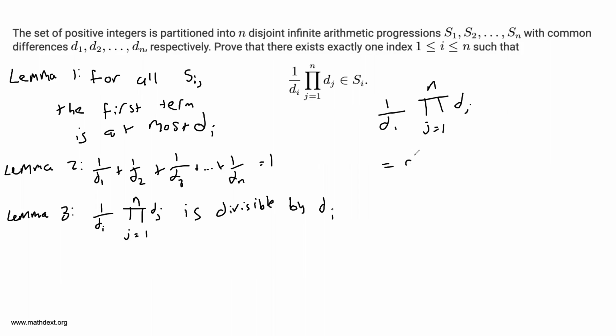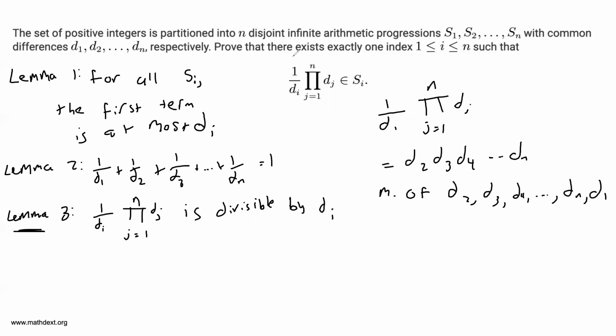And we know this is equal to d2, d3, d4, dn, because this whole product is just the product of all the differences, and this should be the product of all the differences except for d1. So this is a multiple of d2, d3, d4, etc., dn, right? That's obvious because it's d2 times some positive integer, d3 times some positive integer, right? It's also a multiple of d1 by lemma 3, right?